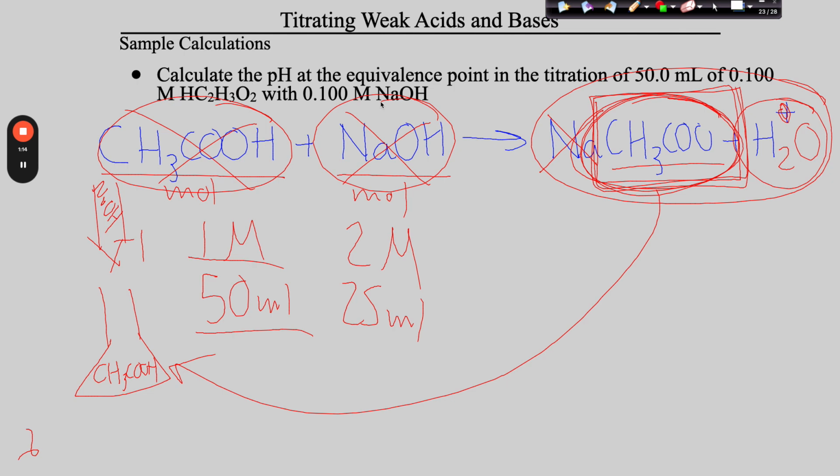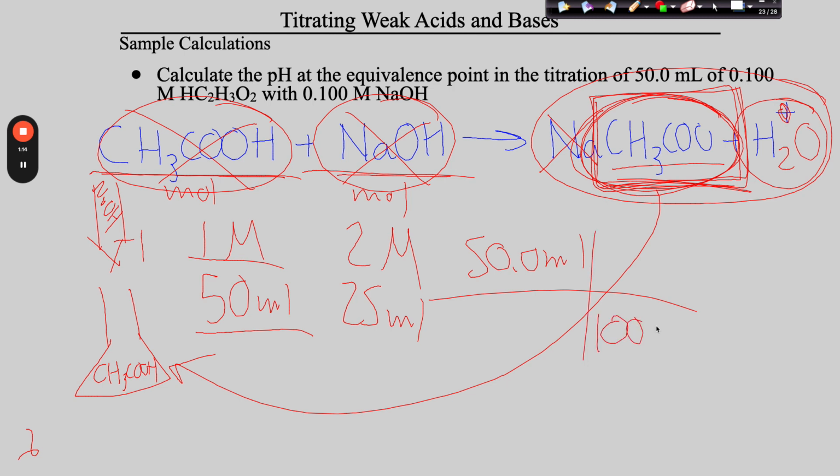We're at equivalence, so the moles of this and the moles of this are the same, and they're all gone. And where did they go? They turned into this. So the number of moles of this that we've got is the number of moles of either one of these that we started with. Does that make sense? So then, guys, we do actually need to know the volume. It's 50 milliliters, right? So really quick, 50 milliliters.